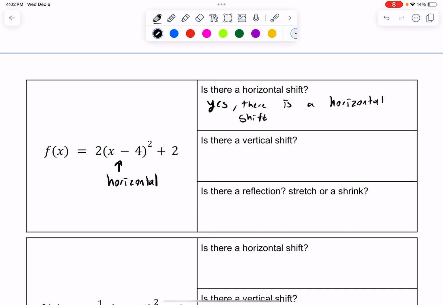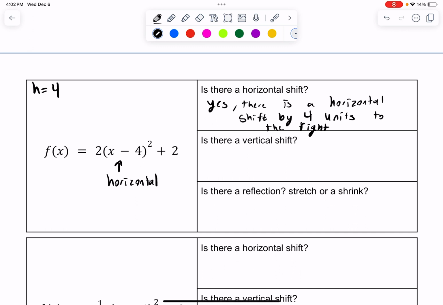And we say that's a horizontal shift by 4 units to the right. That's because our h value here is a positive 4.